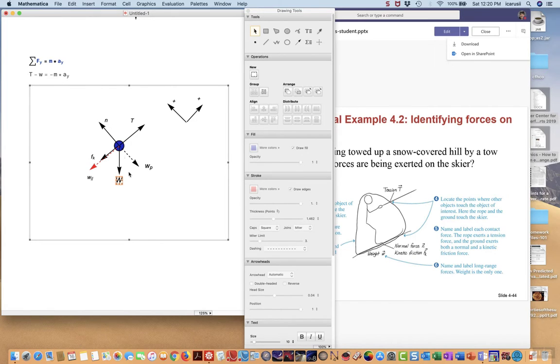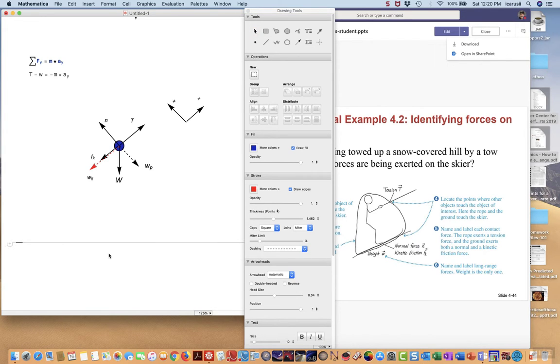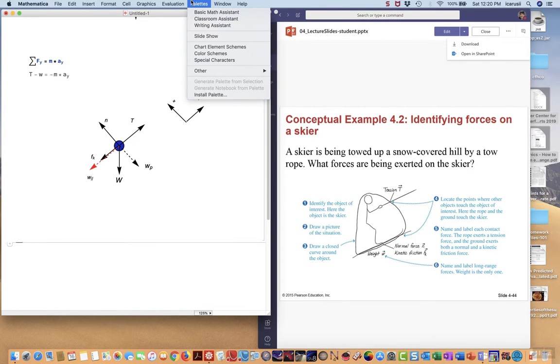I now have my weight in perpendicular and parallel components, so it matches up with my coordinate system. This is going to make life a little bit easier for us, because now we can basically set up Newton's laws. Let's go ahead and do that. So in here, now that I have all of these diagrams, I am going to write Newton's equations. Now, we assumed that the skier is going up at a constant rate.